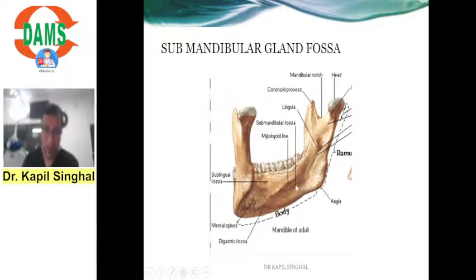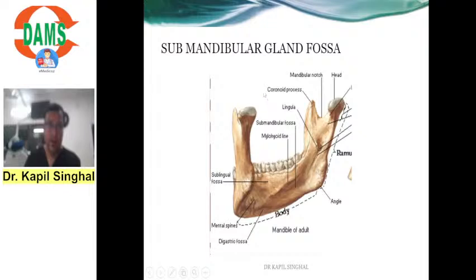Now they can ask you one MCQ: what is the clinical significance when you are placing your mandibular molar implant? When you drill for your mandibular molar implant, if you get a drop, they can ask you why this drop has happened. Because you are in the submandibular fossa region.